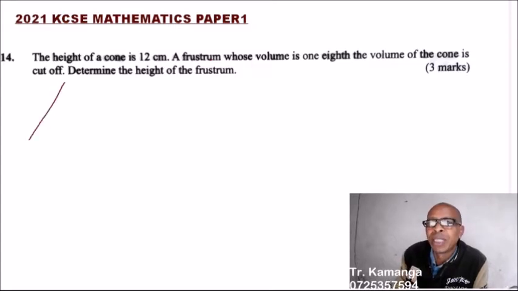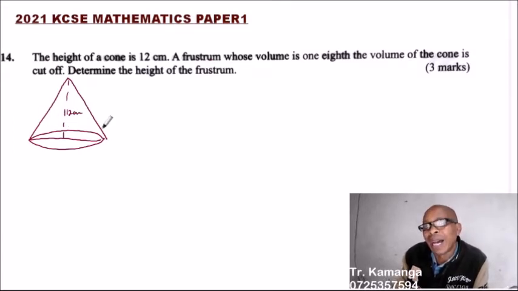So let's assume this is a cone, the full cone. We are told that the height is 12 centimeters, so we can drop a height there. This is 12 centimeters.